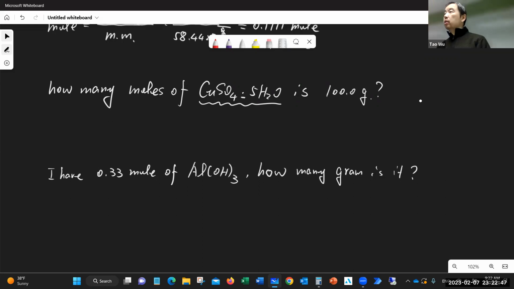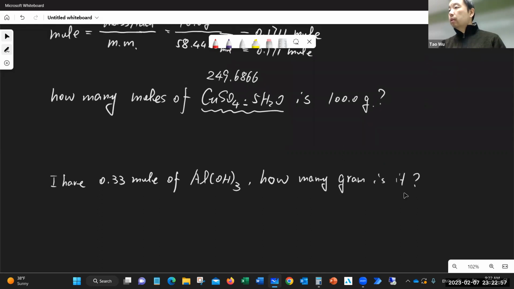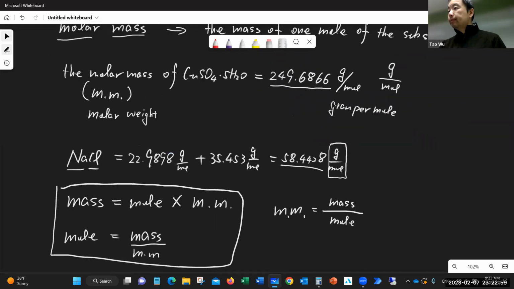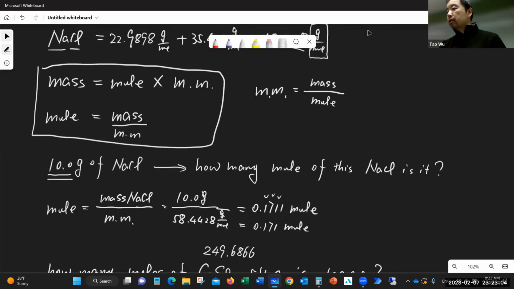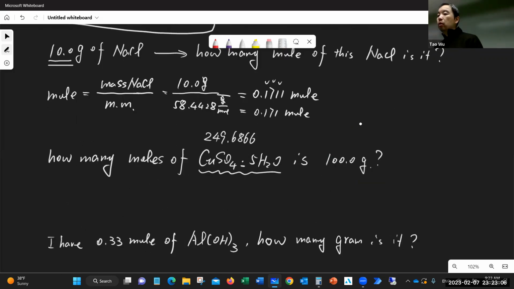We already did this in the previous part. We know the molar mass is 249.6866. Let me double check. 249.6866, so that is the molar mass in gram per mole. This is the molar mass of this.